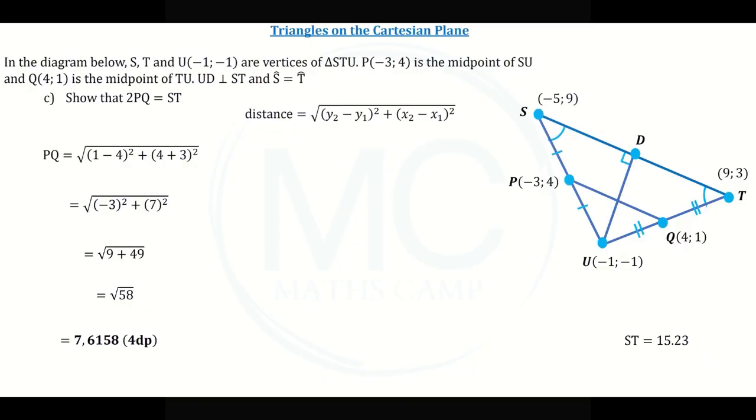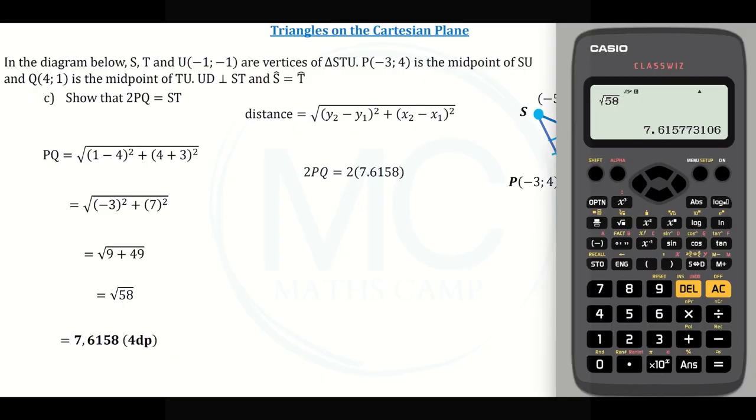So to find 2 multiplied by PQ, we say 2 multiplied by PQ is equal to 2 multiplied by 7.6158. Now we can take out our calculator. We already have the value on the screen. So let's multiply by 2. And we get, let's put this to decimal form, 15.2315.